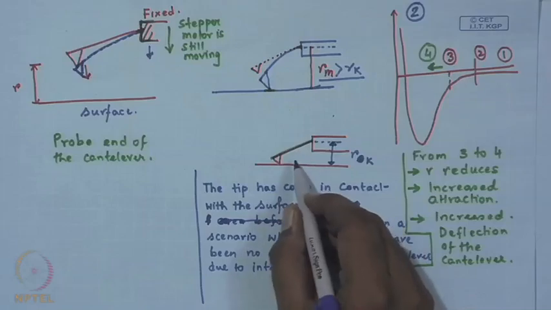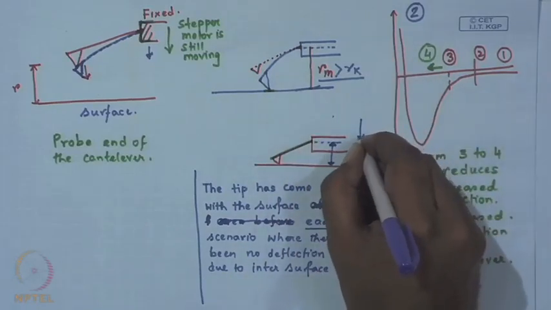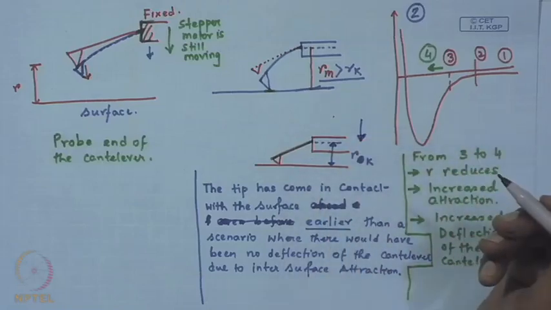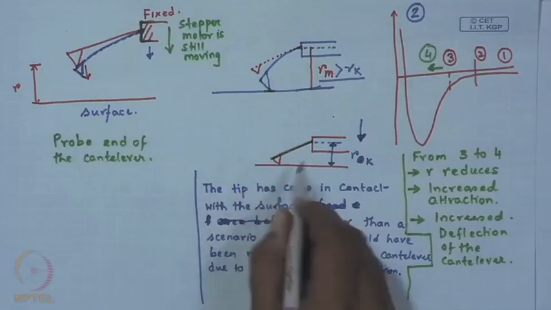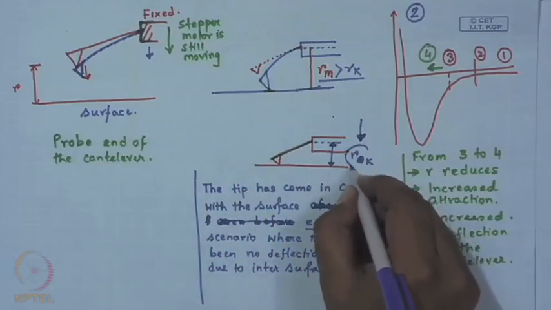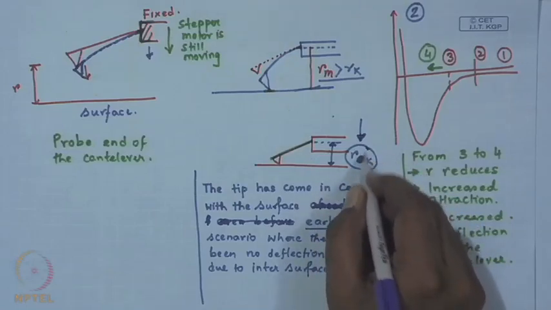So, suppose you take a cantilever which does not deform, and then you trigger the motion of the stepper motor, anyway it will come in contact with the surface. It is not that it will not come in contact. But let us say the separation distance at which it comes in contact is something like this.